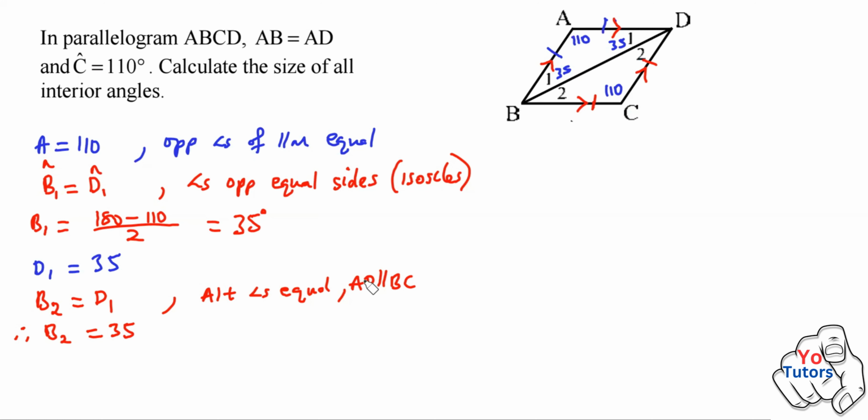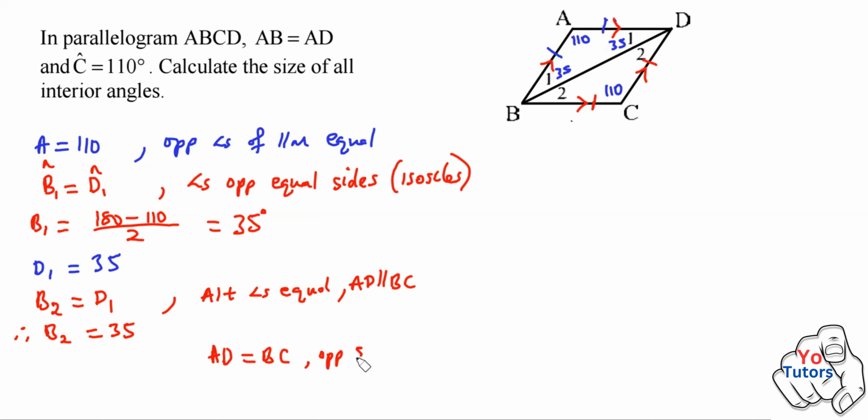Okay, now what else are we left with? So we are now left with D2. What we can say is that AD is equal to BC. Why are we saying AD is equal to BC?